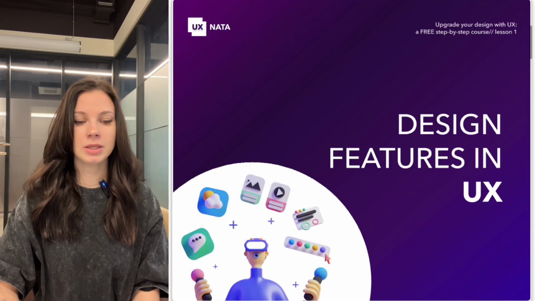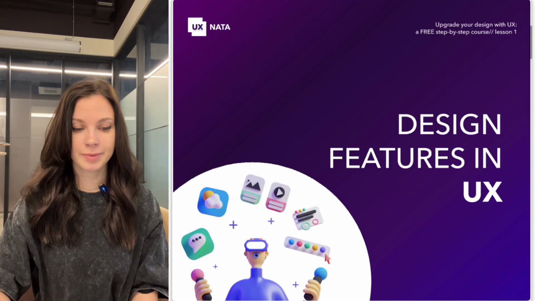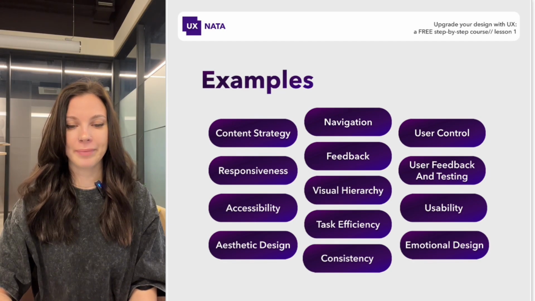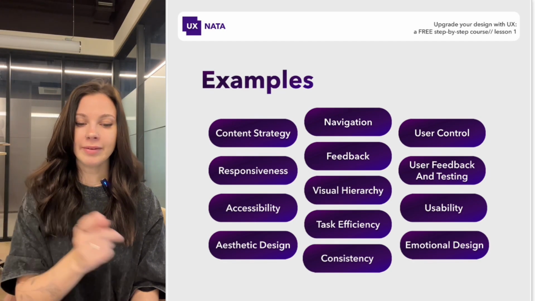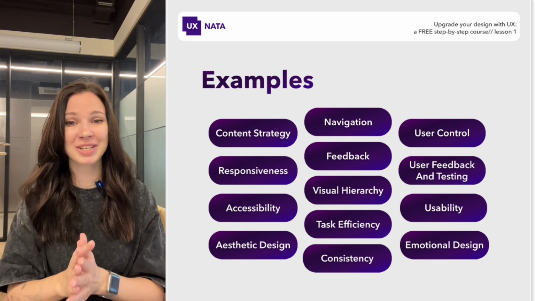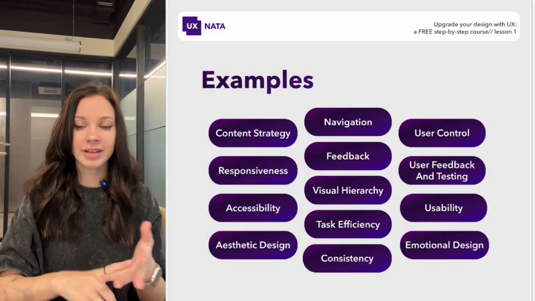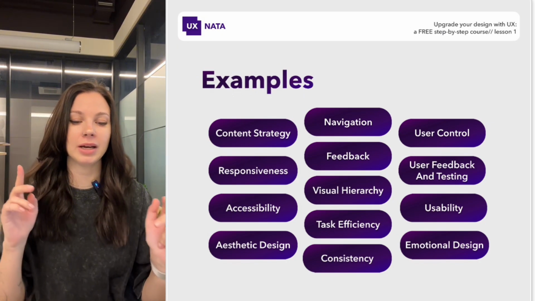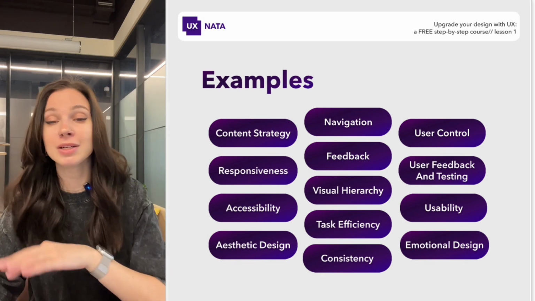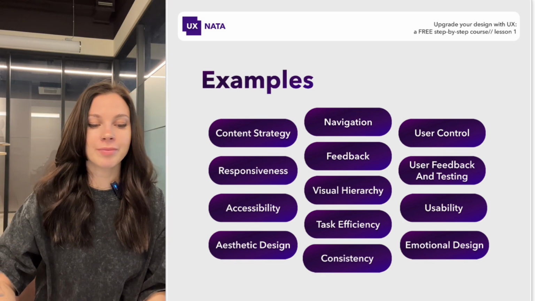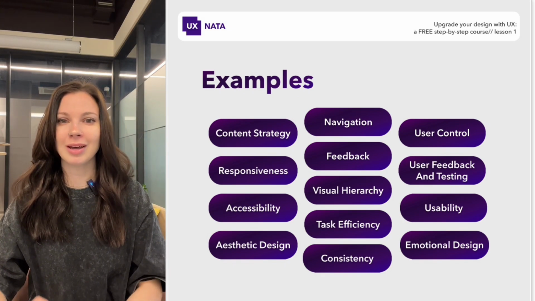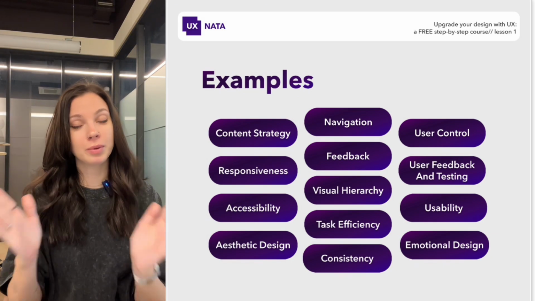So next one, design features in UX. And yeah, examples. Navigation. There are so many things actually. Navigation, user control, feedback, content strategy, and so on. So it's really difficult to understand these things, but we will try.